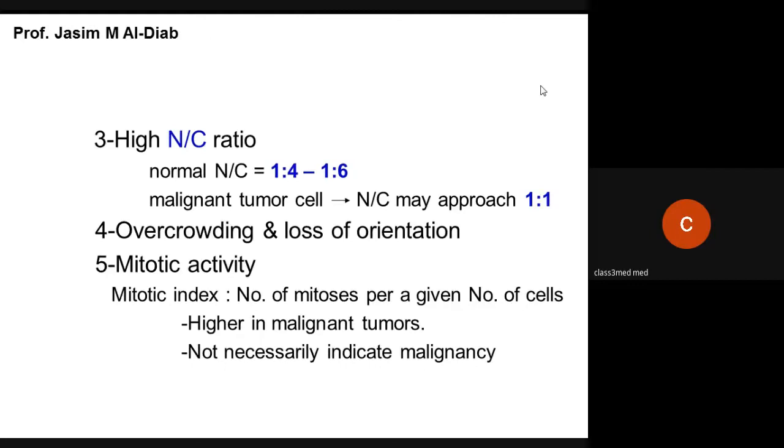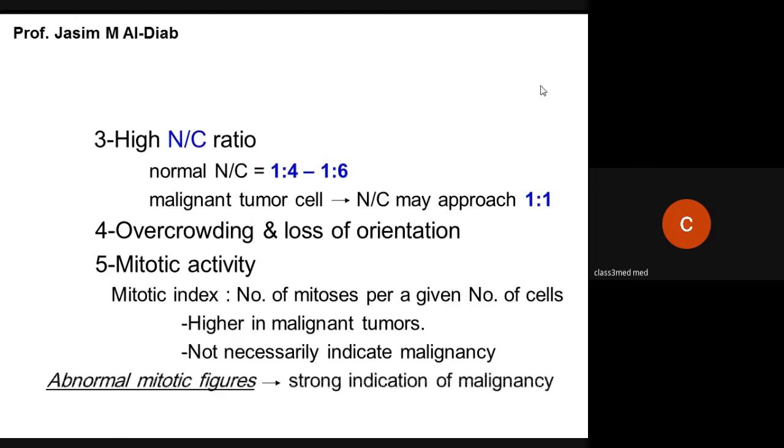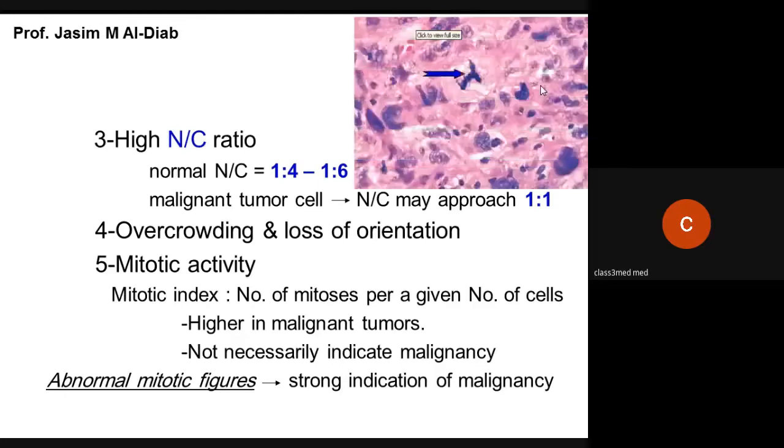But the presence of abnormal or atypical mitotic figures is a strong indication of malignancy. This mitotic figure, which is arrowed by this blue arrow, is an abnormal or atypical mitotic figure. It is not similar to any normal mitotic figure seen during normal cell division. The presence of such abnormal mitotic figures is a strong indication of malignancy.